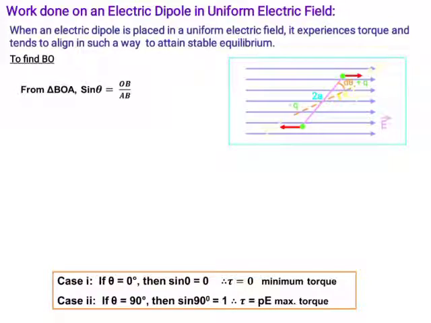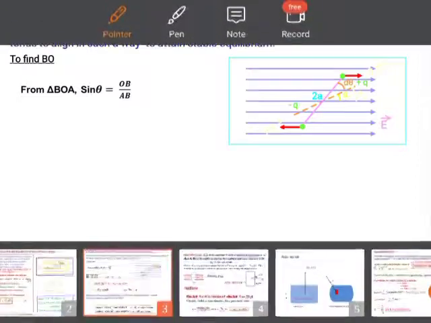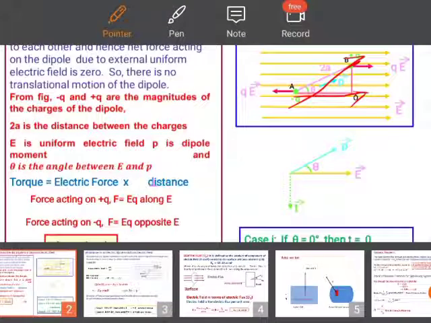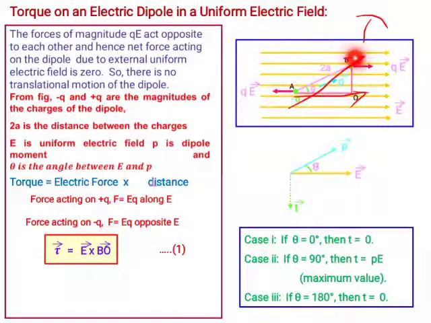From triangle BOA, sin theta is equal to OB divided by AB. Which one is the triangle here? In this slide we observed BOA is a right angle triangle. From this right angle triangle, what is sin theta? Sin theta is equal to OB divided by AB.